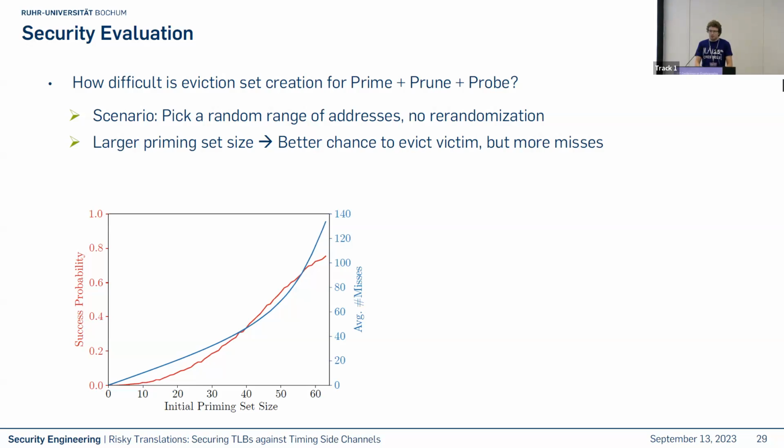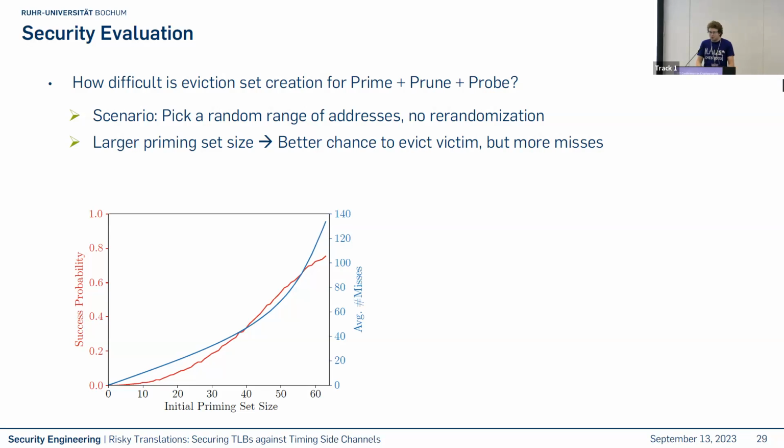Our first simulation was to pick a random range of addresses of a specific size, and no re-randomization is applied. This is what you can see in this graph, where the red line represents the success probability and the blue line the average misses. Naturally, the more addresses you choose, the more successful you are.